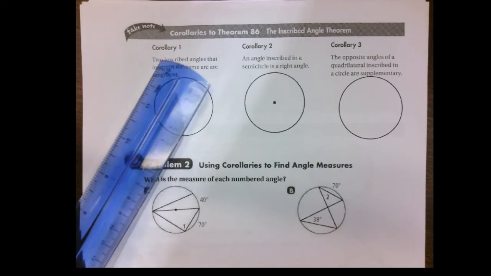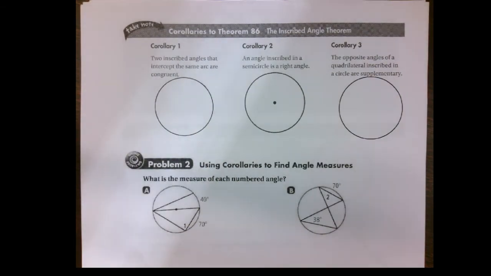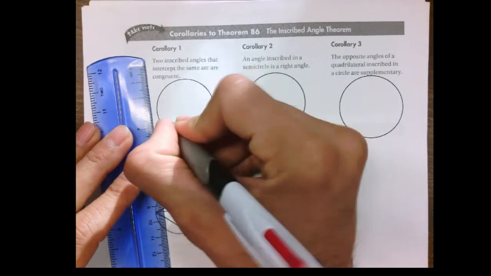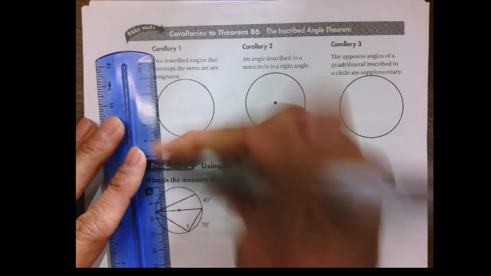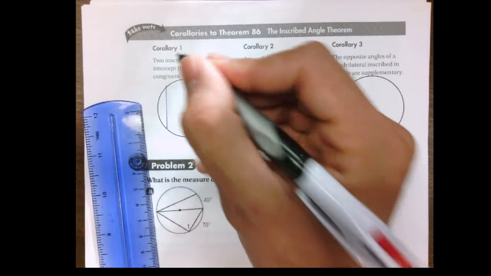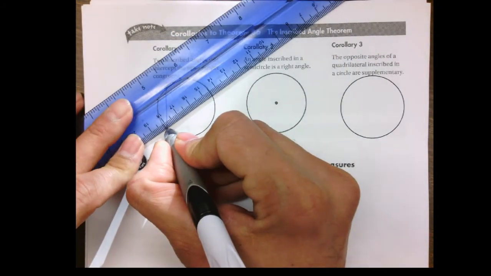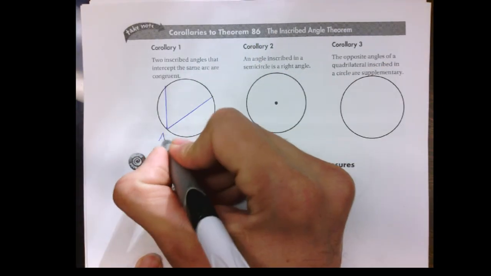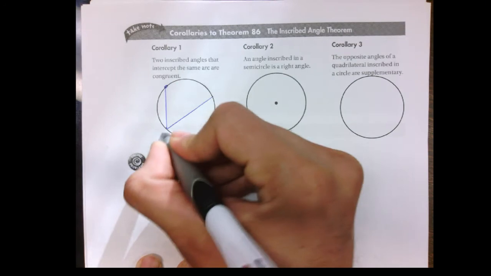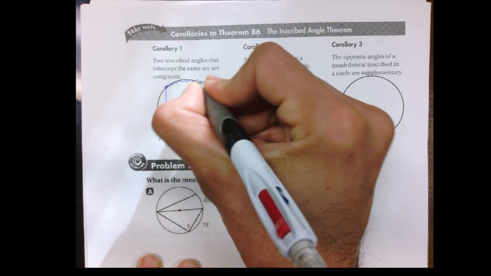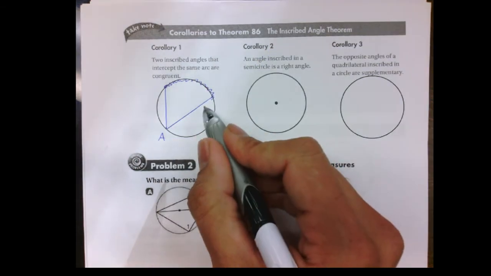Corollary 1: two inscribed angles that intercept the same arc are congruent. So let's draw two inscribed angles. Go and grab your ruler, or some kind of straight edge. There's one inscribed angle, and out here is the intercepted arc.